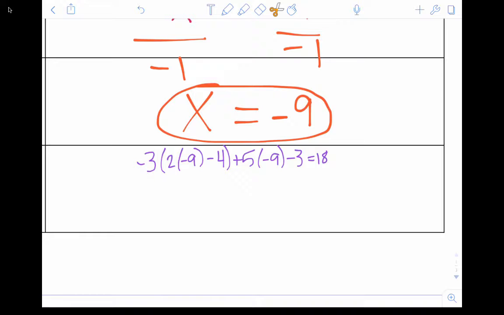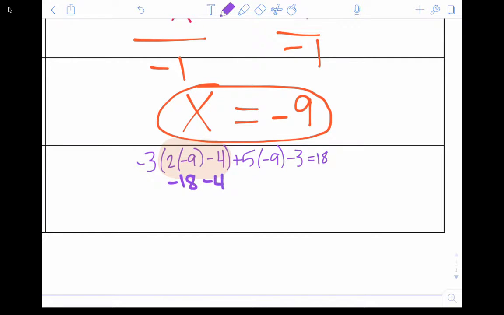So order of operations tells me I need to do parentheses first. Well, I have some parentheses that have operations inside of them right here. So I have 2 times negative 9 minus 4 all in the parentheses. I need to do order of operations within my parentheses. So I need to do multiplication and then subtraction. So I have 2 times negative 9, which is negative 18.